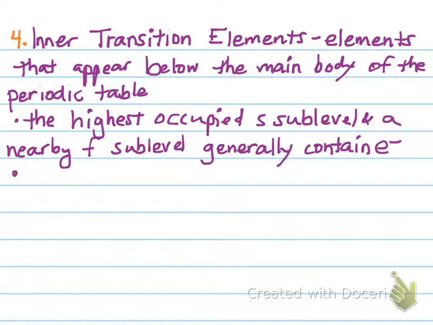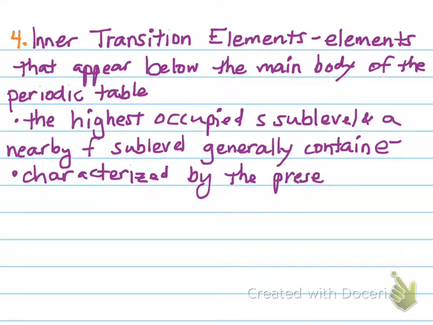So another way to say that is that the inner transition metals are characterized by the presence of electrons in F orbitals.